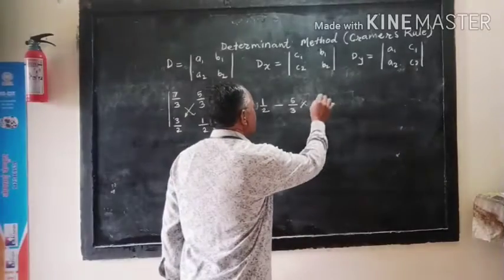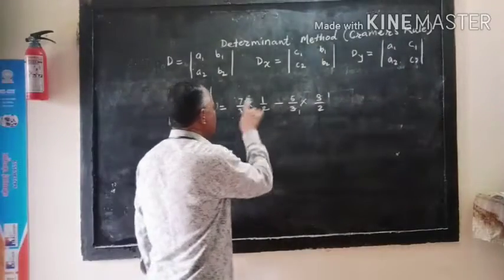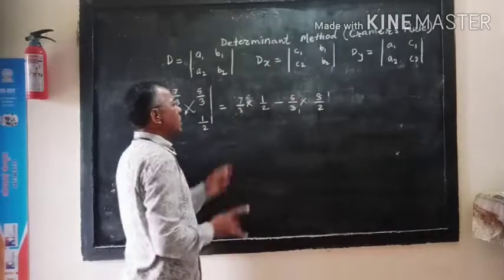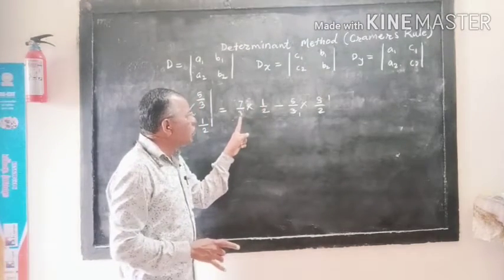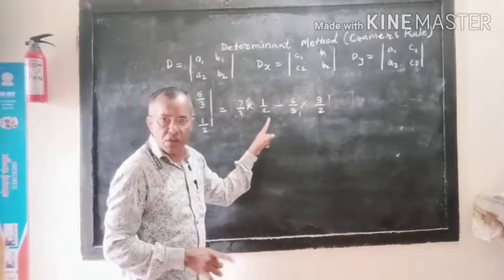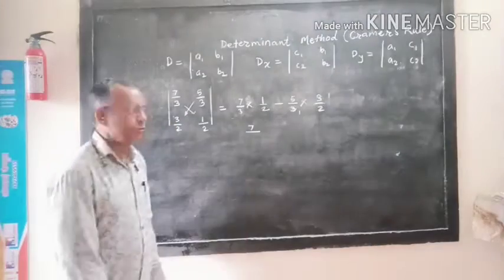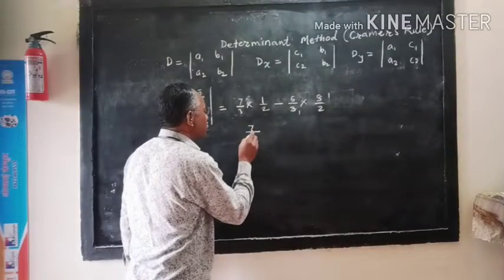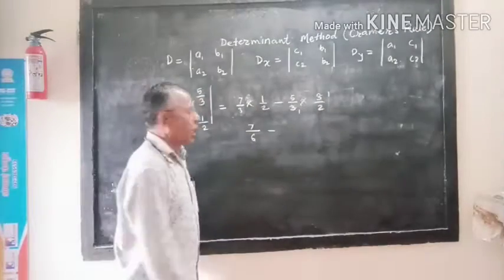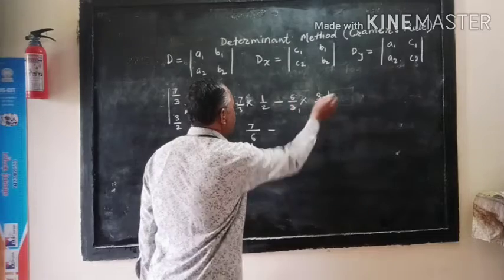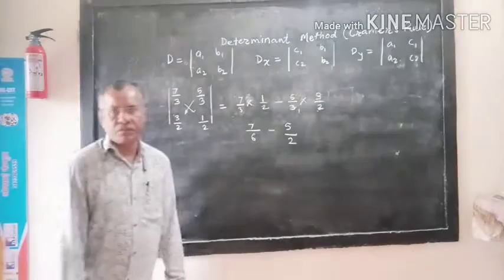I will cut it, 3 1s are 3 here. Therefore, you have to multiply numerator into numerator and denominator into denominator. Then 7 1s are 7 by 3 into 2, that is 6. Here will be minus and here 5 into 5 by 2 into 2, 5 by 2.